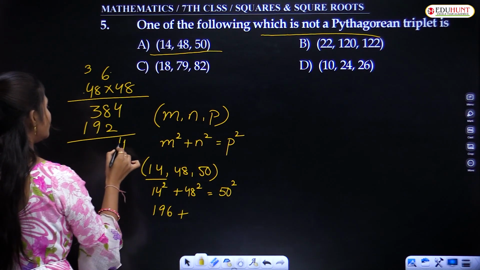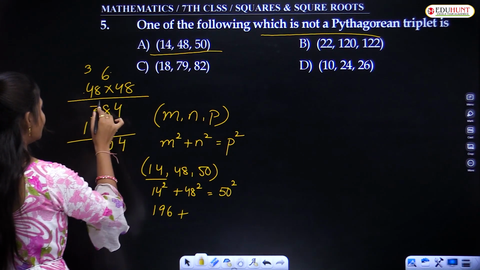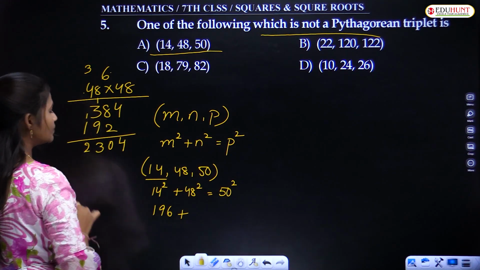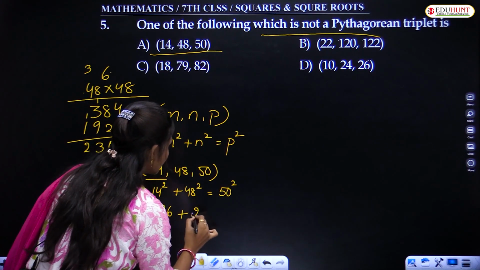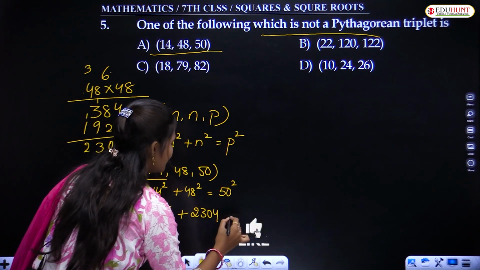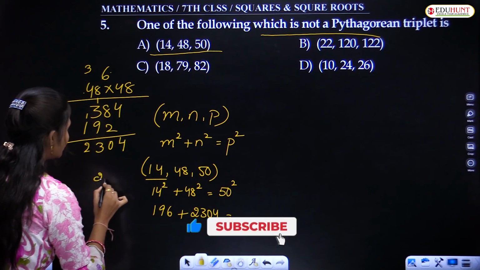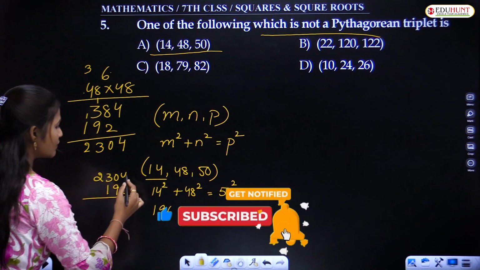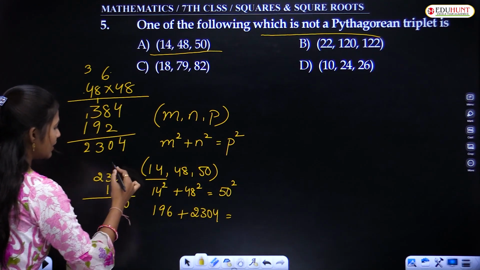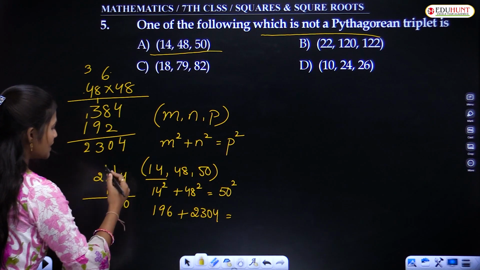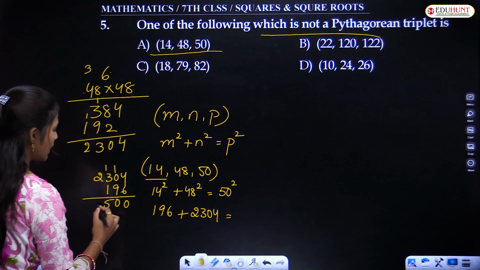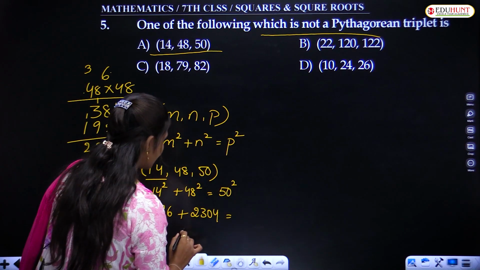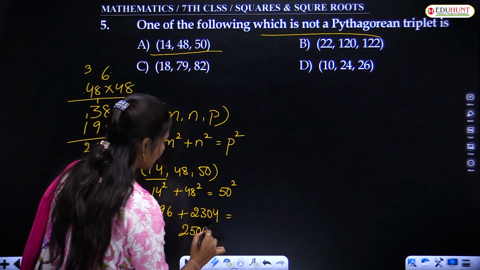So 2304. Now 2304 plus 196: 4 plus 6 is 10, 9 plus 1 is 10, 3 plus 1 is 4, 4 plus 1 is 5, and here 2. So the sum is 2500.